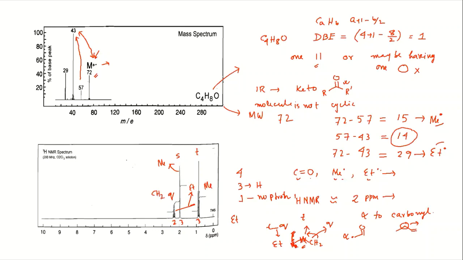Now that information you can further get from the decoupled spectrum or proton coupled NMR. So let us look at that one. If you look at the proton decoupled spectrum, how many carbons are you able to see? 1, 1, 1 and 1. This one is the solvent, CDCl3.